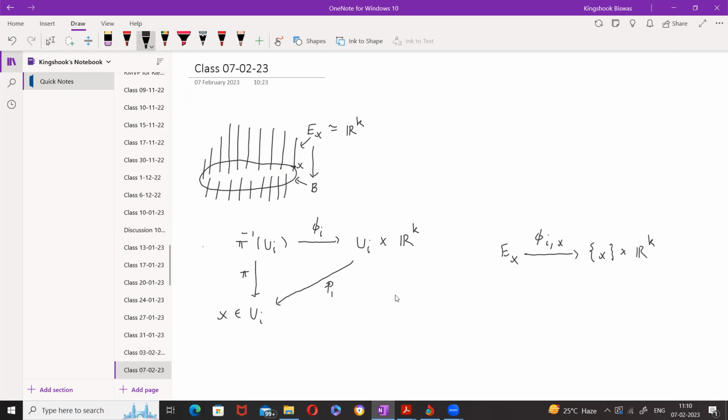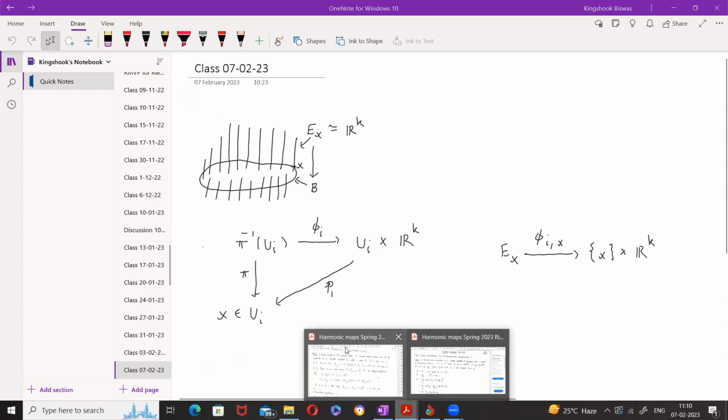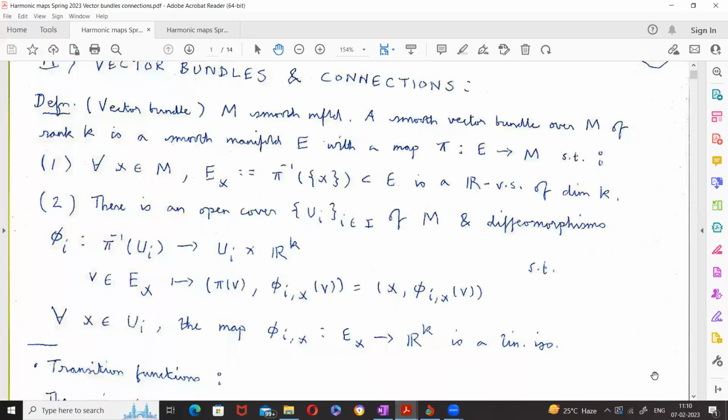Okay. And this map is an isomorphism of vector spaces for each x in U_i. Okay. So this second condition is called local triviality. That means the vector bundle is locally a product.